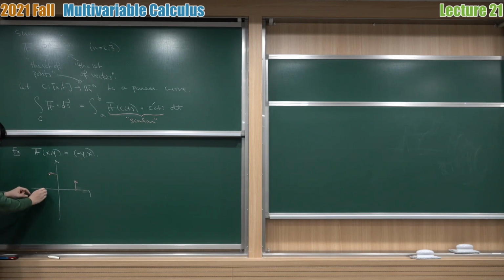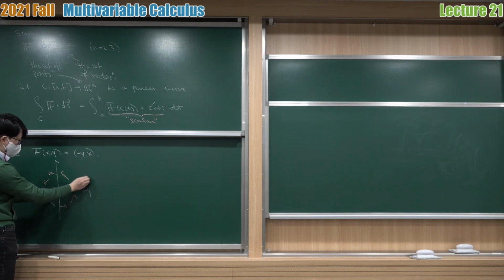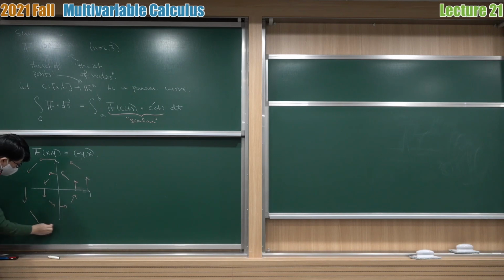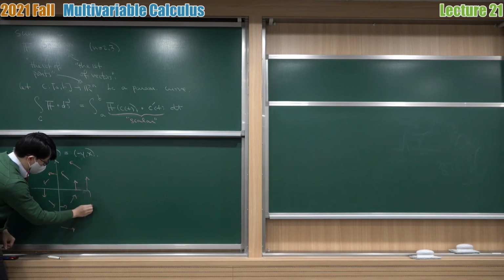And if you fill out all the other parts, you can see that this is actually going in a spiral. And if you have a point farther away from 0, then you see that the strength, the length of the arrow, gets larger.